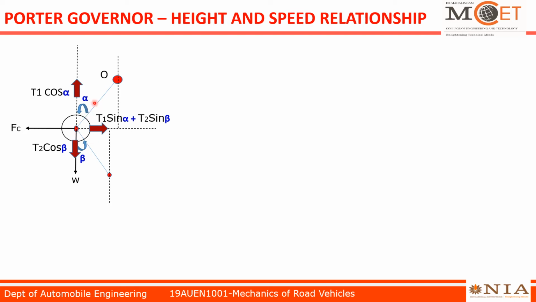T1 tension is resolved as T1 cos alpha in vertical direction, T1 sin alpha in right hand direction. T2 tension of the lower arm is resolved as T2 cos beta in downward direction and T2 sin beta in horizontal right hand direction. If you resolve these forces, horizontal and vertical, we get the relationship between speed and height of the Porter Governor.